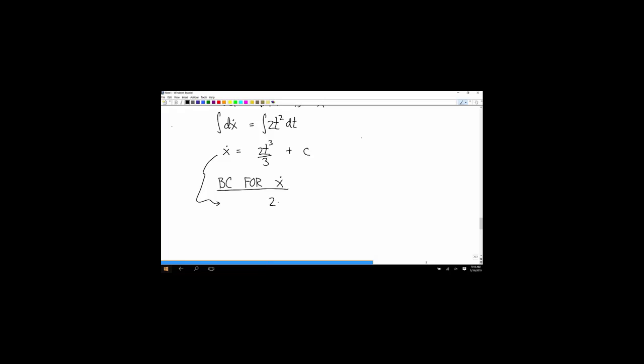So we have 2 cubed over 3 for time, plus c is equal to x dot, 4.